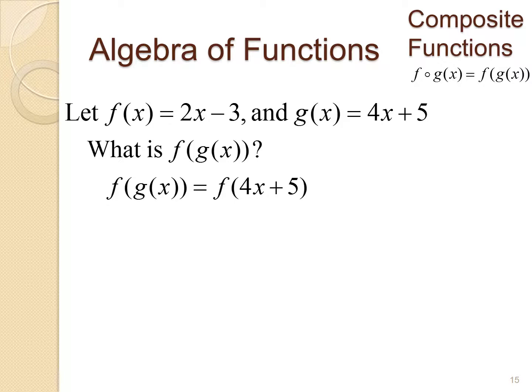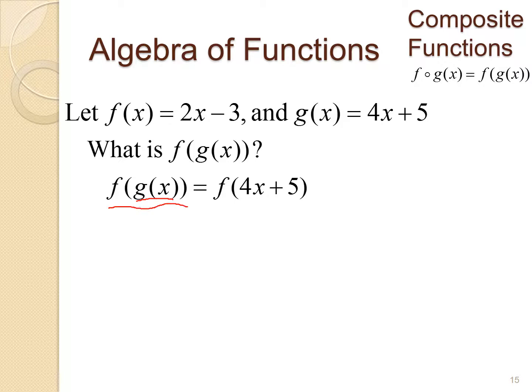So f of g of x is equal to f of, and then you simply put the function g of x in here. Now you take this g of x, the 4x plus 5, and put it into f of x, since that's what's still out here. So when you're doing this, just think about this: you start first with what's inside, and then you work your way outside.